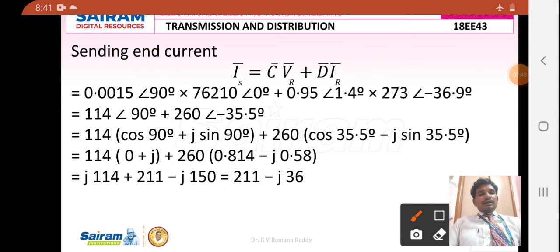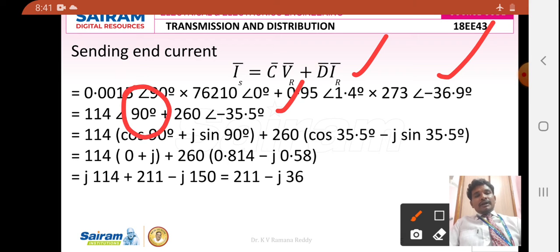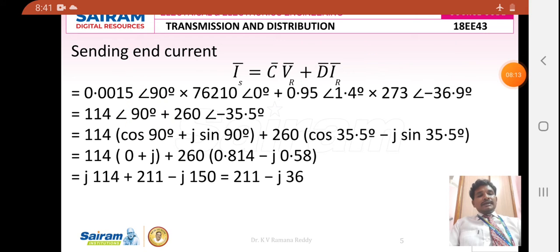So D bar is 0.95 at an angle of 1.4 degree into IR bar, which from the previous slide we calculated as 273 at an angle of minus 36.9. By doing simplification here we got 114 at an angle of 90 degree plus 260 at an angle of minus 35.5 degree. Here the angle of 90 degree we can write as angle theta, e power j theta, which is nothing but cos theta plus j sin theta.